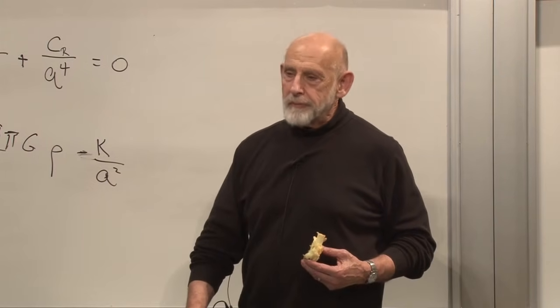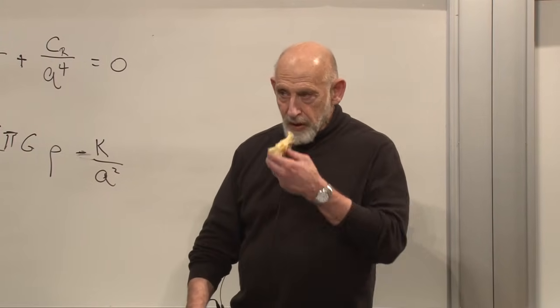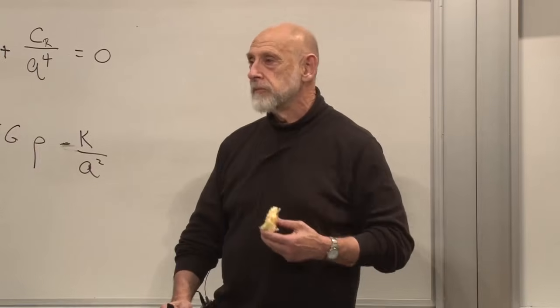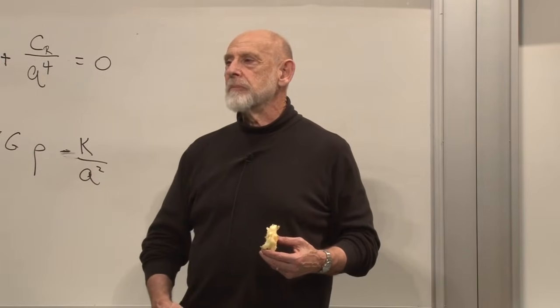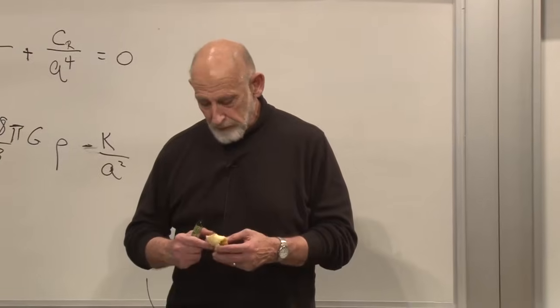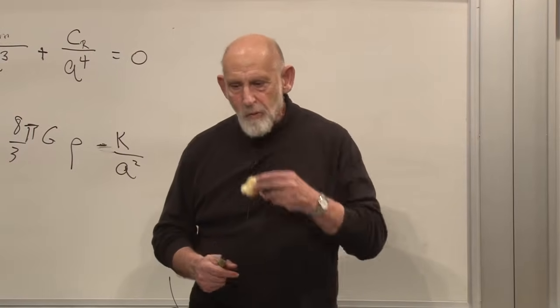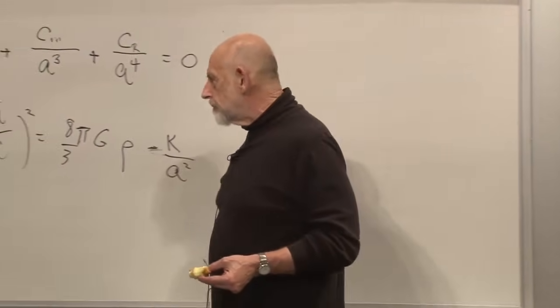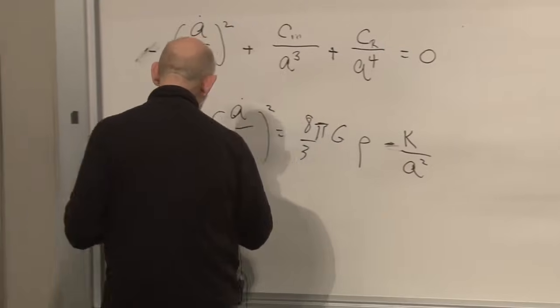Question: a box full of photons where the box is expanding and the number of photons stays the same, the energy would be going down in that box. Where does that energy go? It does work on the box.